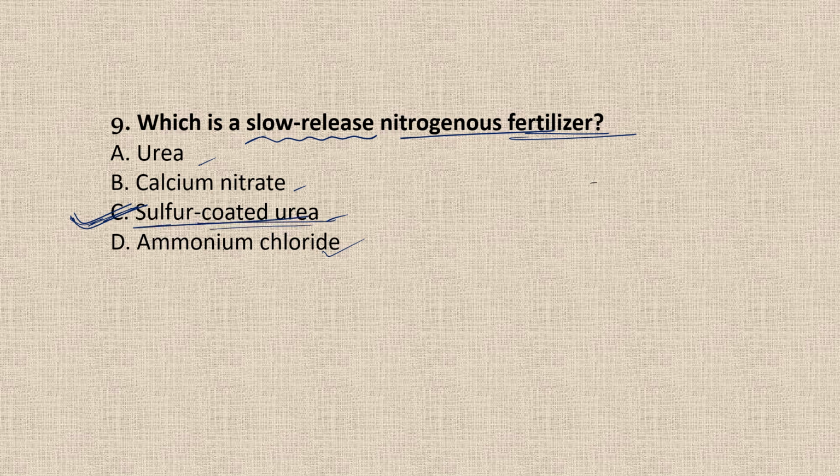Just as I told you in the previous question, neem coated urea is a slow release nitrogenous fertilizer. Similarly, this one. These are basically designed to release nitrogen very gradually over time, so that the nutrient sustains its supply to the plants, right? In sulfur coated urea, the urea granules are coated with sulfur that acts as a barrier that controls the release of the nitrogen. Okay, so option number C is the right answer.